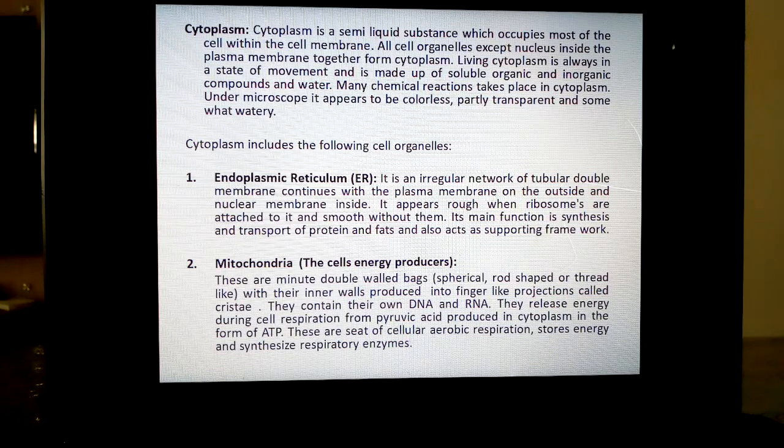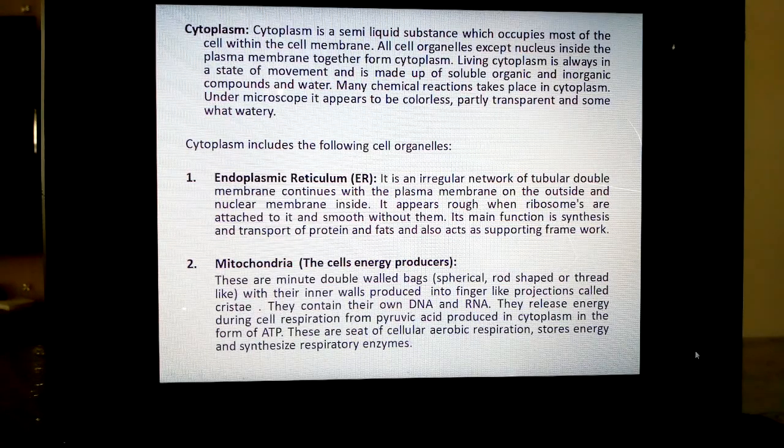There are so many structures like organic means proteins, carbohydrates, vitamins, minerals, and inorganic structures means sulfur, phosphorus, carbon, oxygen. So many compounds other than water are also present. Many chemical reactions take place in cytoplasm. Under microscope, it appears to be colorless, partly transparent and somewhat watery. It is like semi-liquid.